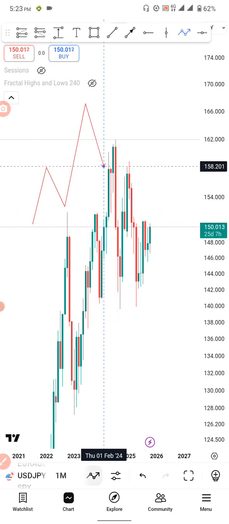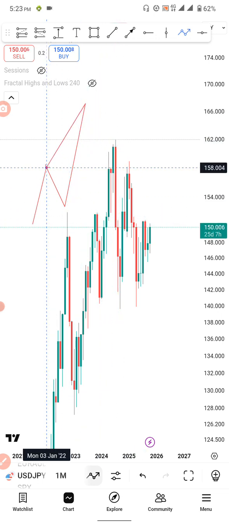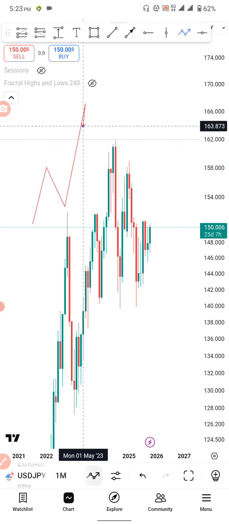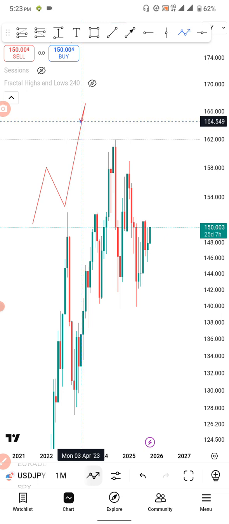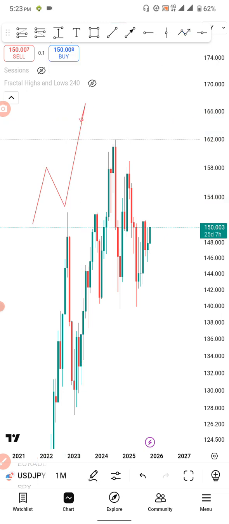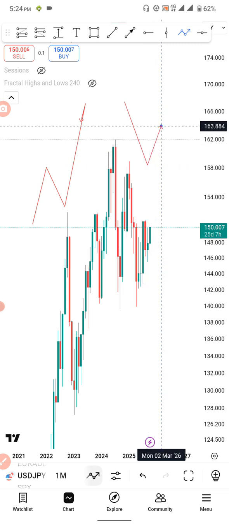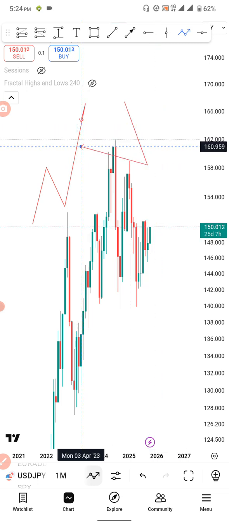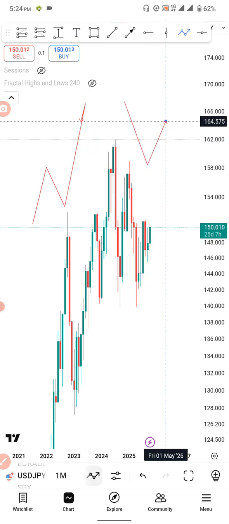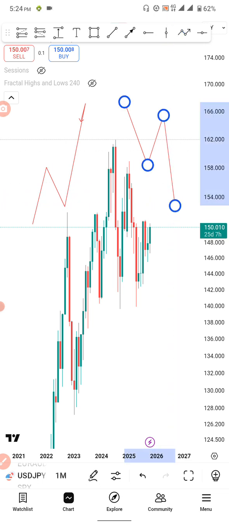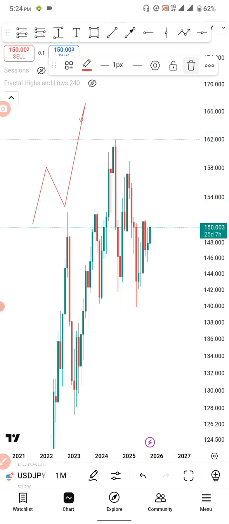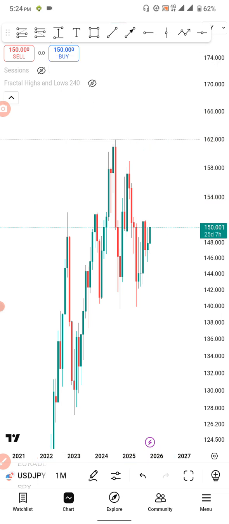So we look for that break of structure in either monthly or weekly. This is a bullish break of structure, and this is a bearish break of structure to the downside. These are the patterns that establish the direction the market is heading to.